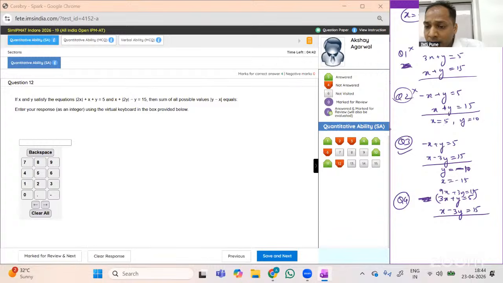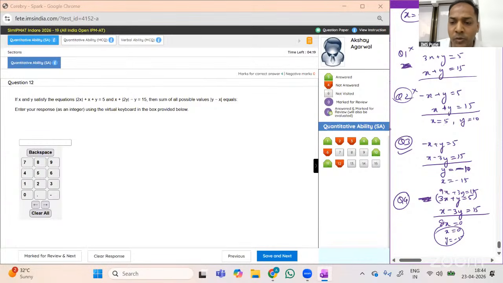Adding them up, 8x comes out to be 0. X is 0. Y comes out to be minus 5. I think this is also a valid solution because this does not violate any condition. If I just put x equal to 0 and y equal to minus 5. Huh?